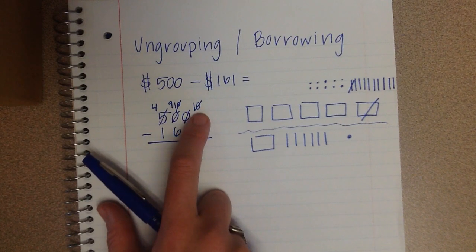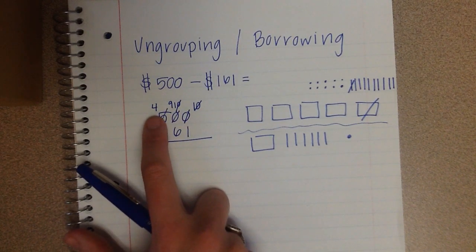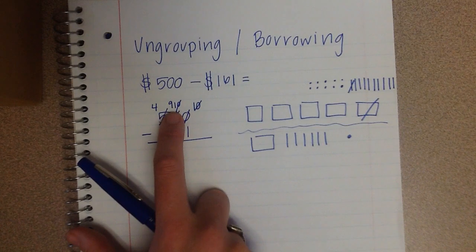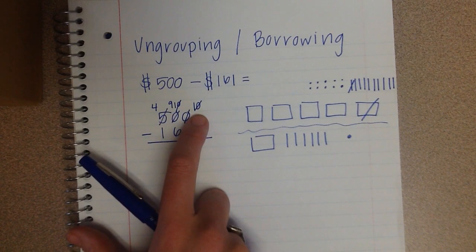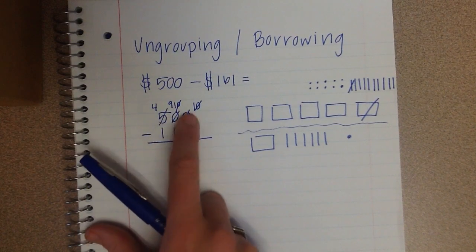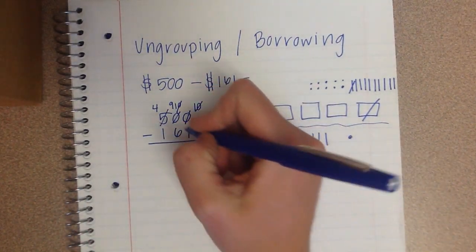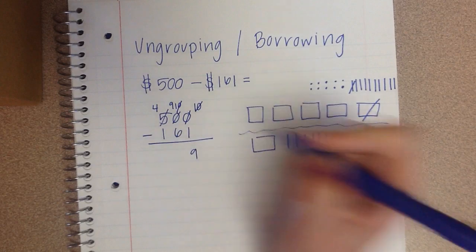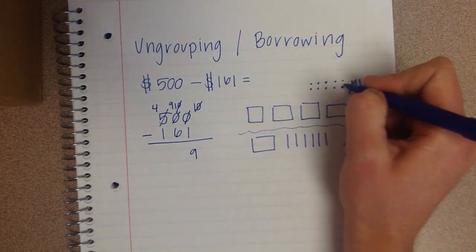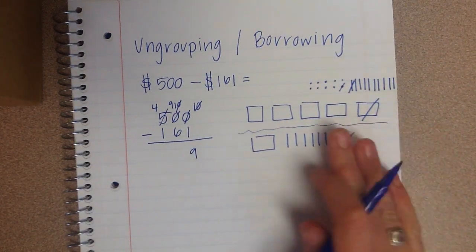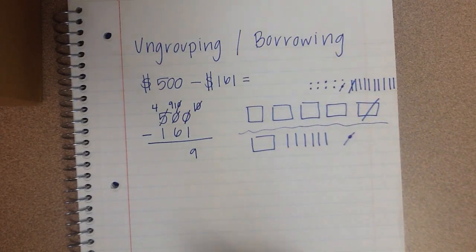So that's why I have 10. If you do the math, 4 hundreds plus 9 tens equals 490, plus 10 ones equals 500. So we still have the same value. So 10 minus 1 equals 9. If I take that for that, we can see we're done with that, and I do have 9 left.